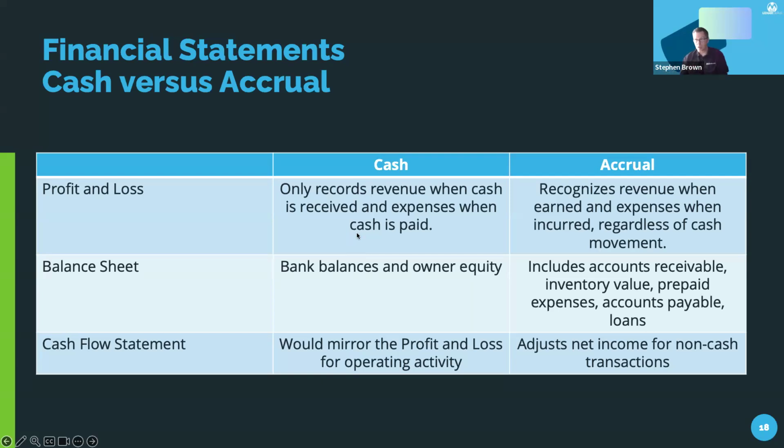And then it gets a little bit more complicated. And that's where those things show up on the balance sheet, and those are going to adjust the cash flow statement. So a cash flow statement in accrual accounting is going to take your net income, and then it's going to adjust it for those other activities that are going on the balance sheet.